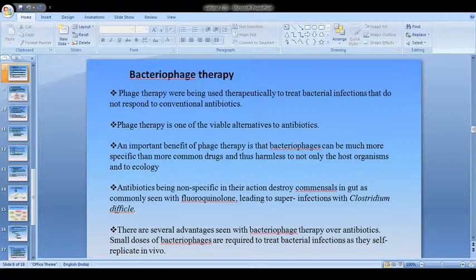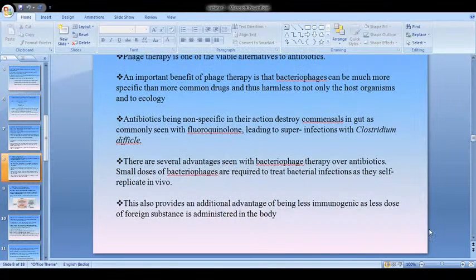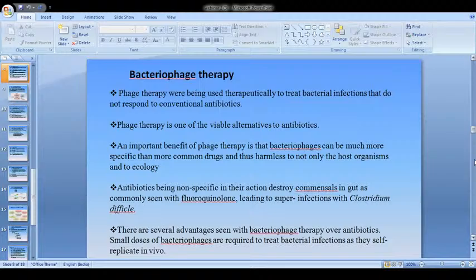Originally this bacteriophage therapy was developed by scientists named Frederick Twort and Felix d'Herelle in the years 1915 and 1970. The phage therapy was immediately recognized as an important tool for treating bacterial infections.